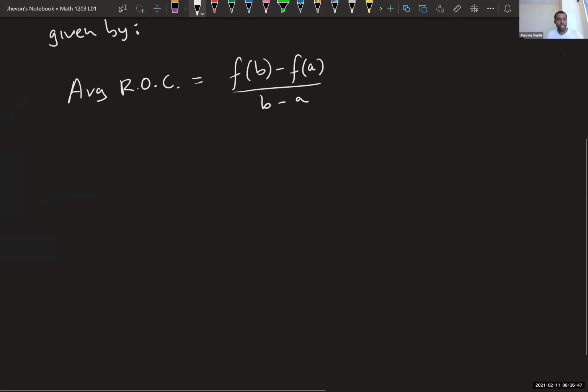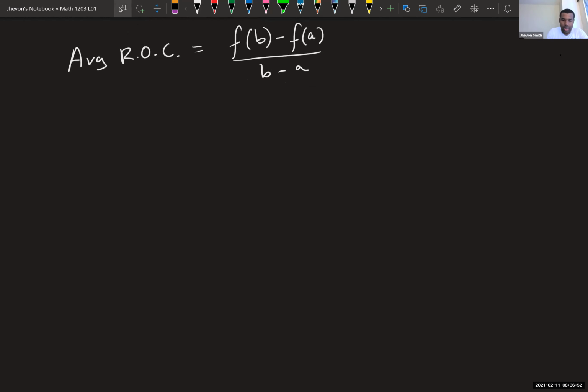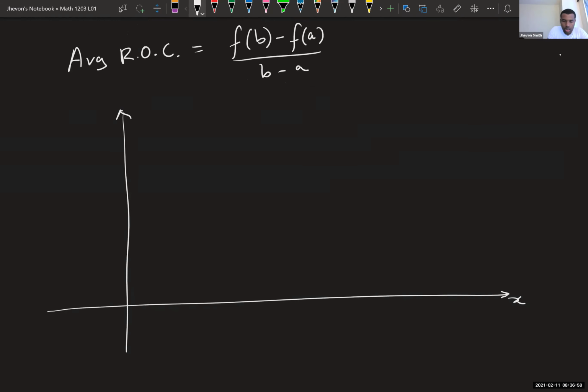So let's actually look at a picture. What am I saying here? Let's say this is my function, this is my f of x.